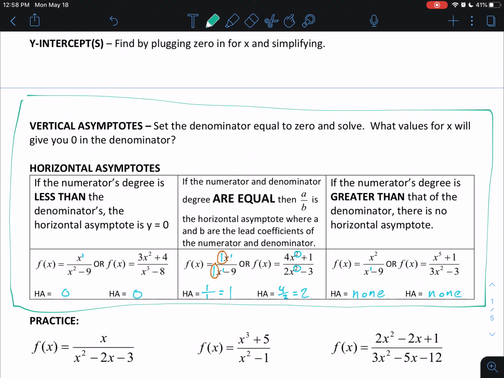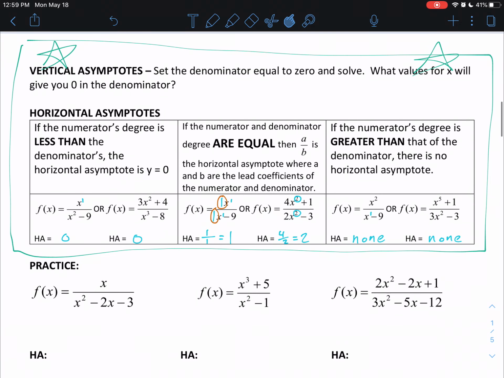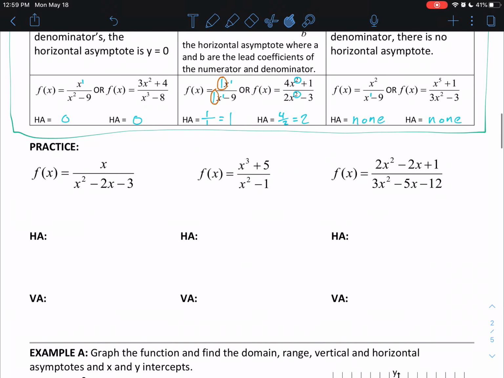I'll even star it. Know this part. I think last semester I even printed this box out for my students, and I told them to know this or have this on them when we're doing these things. So we did that. All right, so here's some practice with the horizontal and vertical asymptotes.